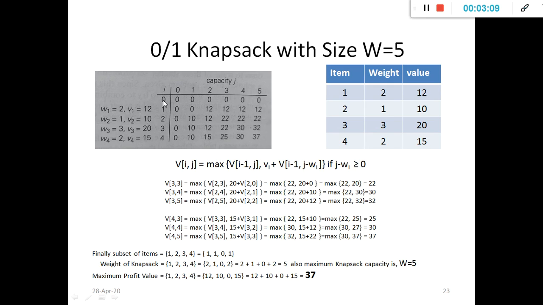This is the 0th row, and this is the first, second, third and fourth row, representing the weight and value of item 1, item 2, item 3, and finally item 4.